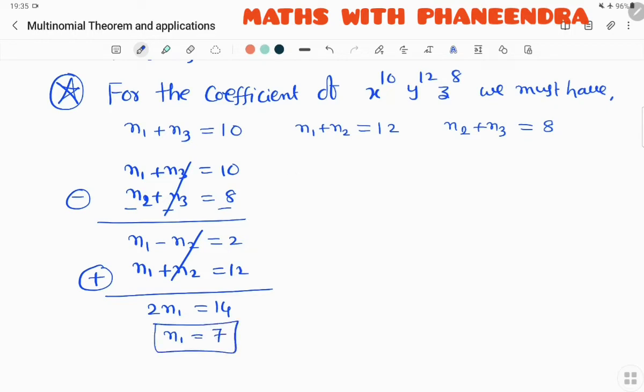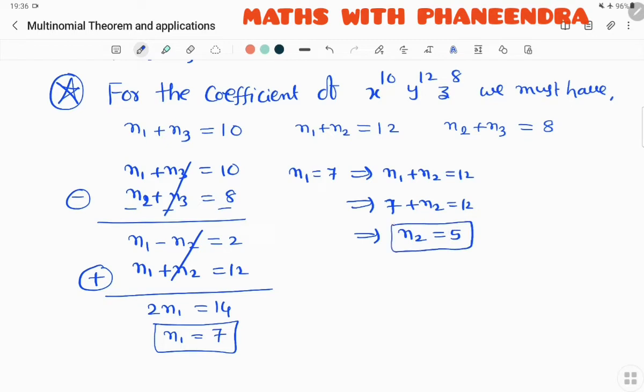So n1 is equal to 7, that implies n1 plus n2 is equal to 12. Substitute in this, 7 plus n2 is equal to 12. That implies n2 is equal to 5, 12 minus 7. n2 value we got it.